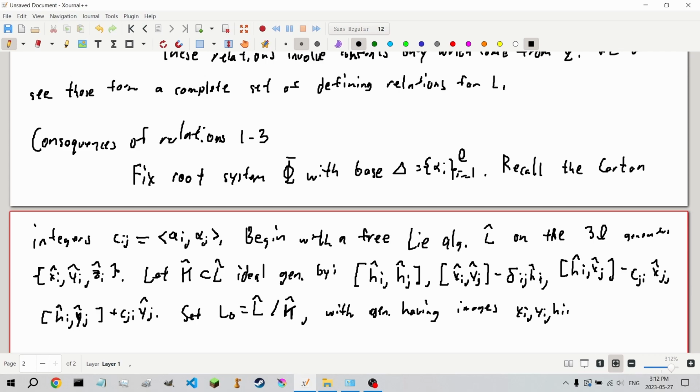Here's the part to pay attention to. There's no problem about constructing a module for L hat, as we only need to specify a linear transformation for each of the 3l generators.